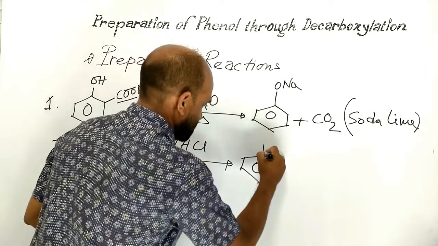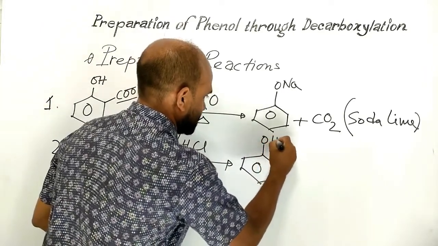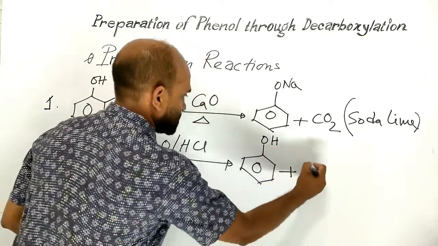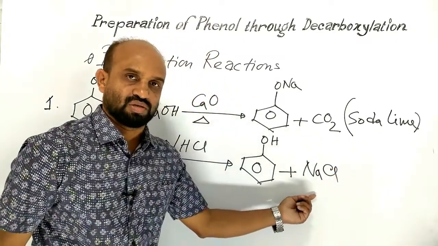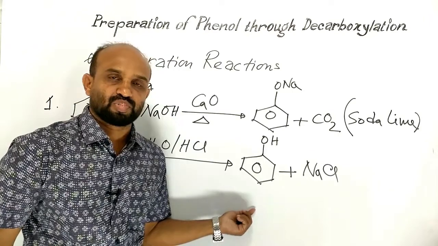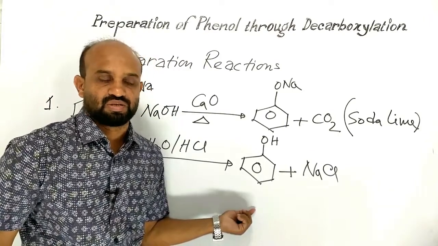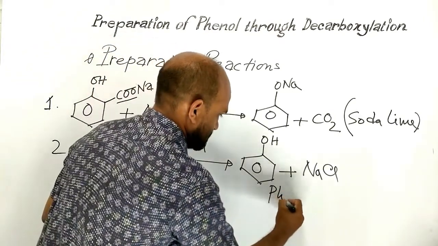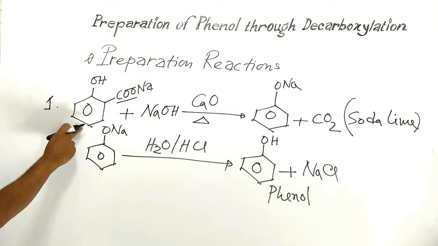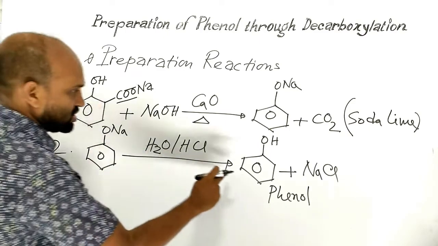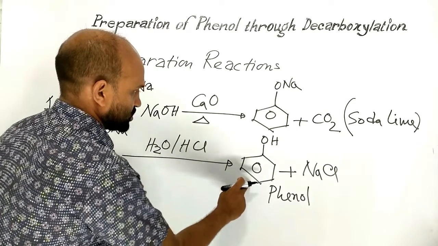ONa converts to OH, and sodium chloride is formed as a byproduct. The desired product, phenol, is obtained. In this way, through decarboxylation from sodium salicylate, phenol can be produced.